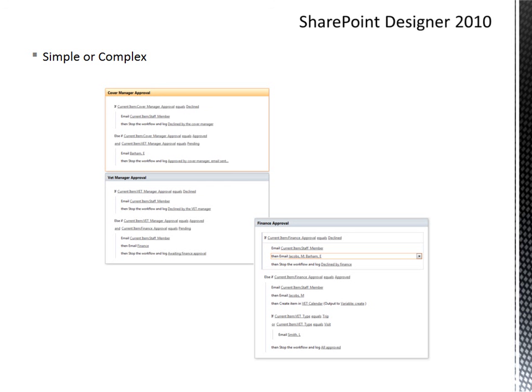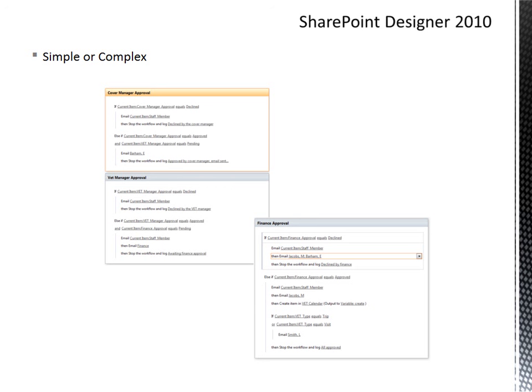So what I thought I would do is just show you this, which is actually the absence request form. It's the actual SharePoint workflow. As you can see, you can either have a simple one, which is just a straightforward single line, where if something equals something, then send an email, or quite complex, which, as you can probably see, this is a mixture of the two.